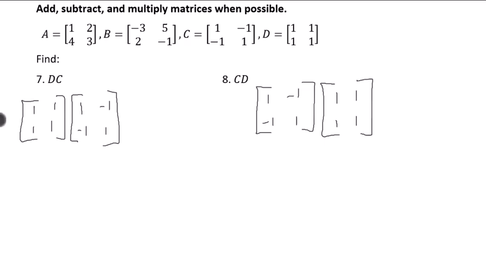All right, and then let's start multiplying. Row 1, column 1 gives us 1 times 1 plus 1 times -1.